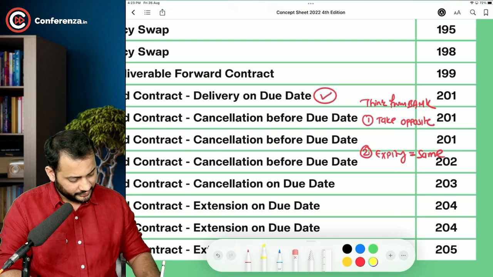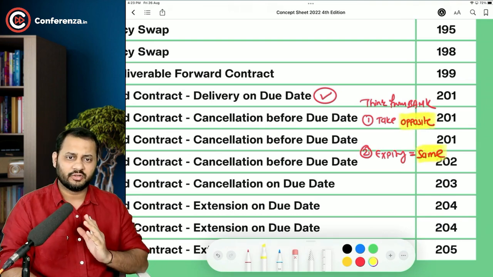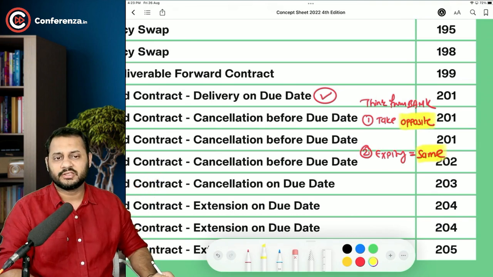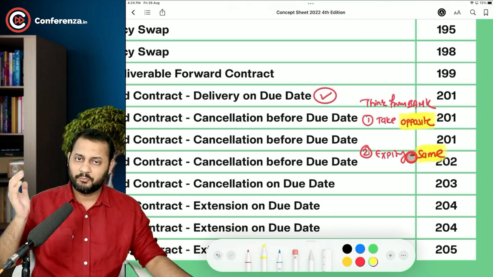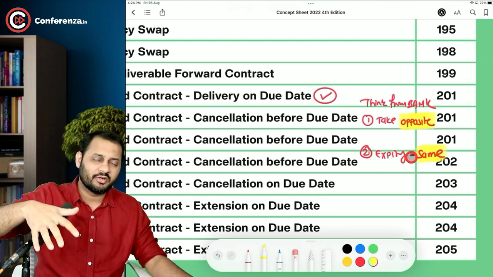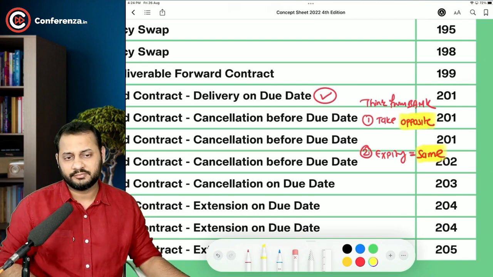So this much you should keep in mind. Whatever is the original contract, take the opposite position and then expiry should be the same. So in order to make the expiry the same, you might have to enter into a balance forward contract for the rest of the period. Take the forward contract for the rest of the period or spot rate.